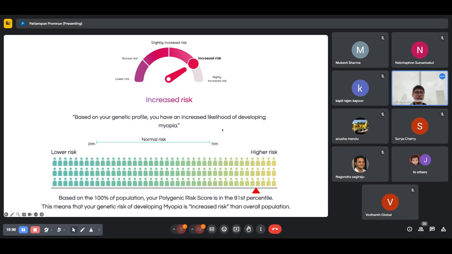So we calculate at the population level, and we calculate your DNA score, graded into percentiles, just like in this picture. For me, I get the 91st percentile. So this is a higher risk of getting myopia. Myopia means short eyesight, short-sighted.